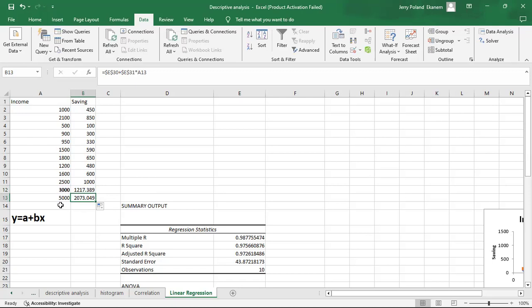All right, or let's make it, let's say, 10,000. How much am I going to be saving? I drag this one down like so. You can see I'm going to be saving like 4,212. So you can see the relationship between the income and the saving. For every income given, I should be able to predict how much I should be saving.